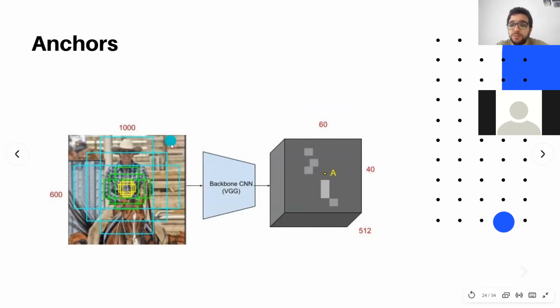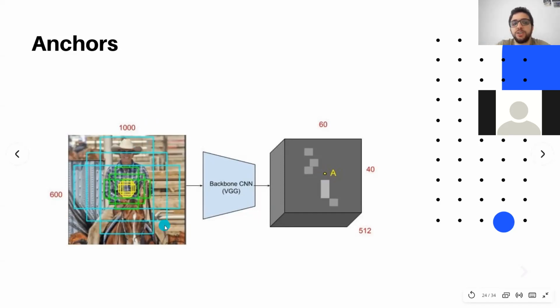You can see that anchors come in different sizes and different ratios. The first type of sizes is the large sizes, and these are responsible for detecting large objects. We find that the green ones are a bit smaller. These are the medium size anchors, and they're responsible for detecting medium-sized objects. And then we have the final set of anchors, which are the small anchors that detect the small objects.